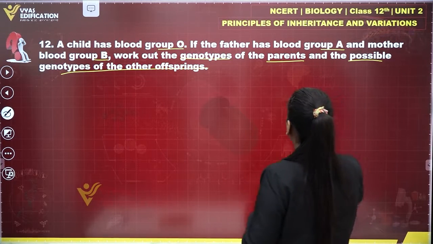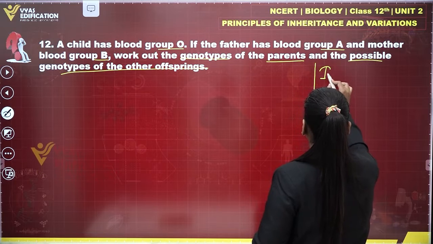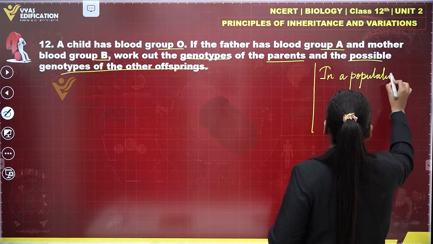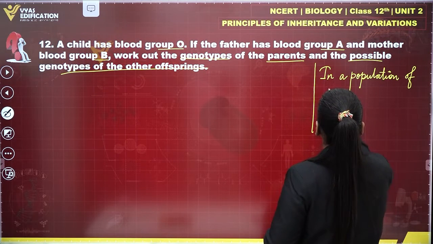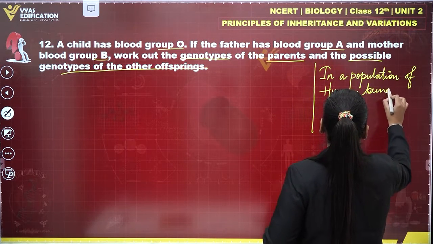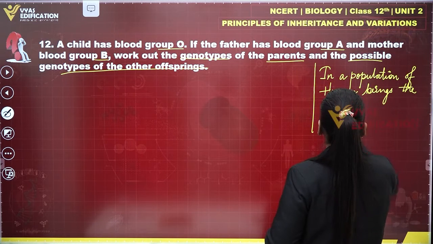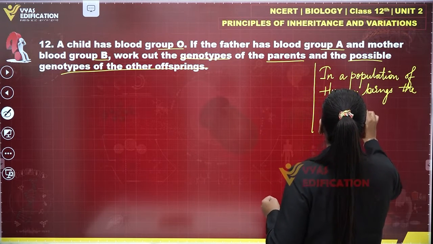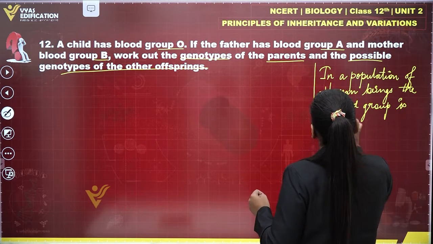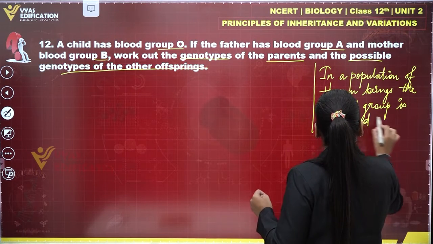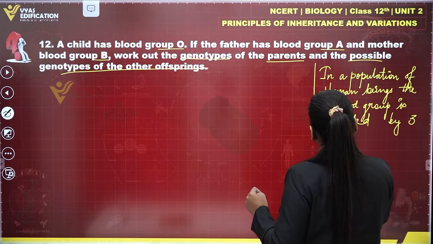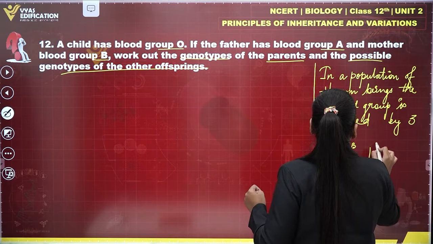So in a population of human beings, the blood group is controlled by three alleles, IA, IB and i.